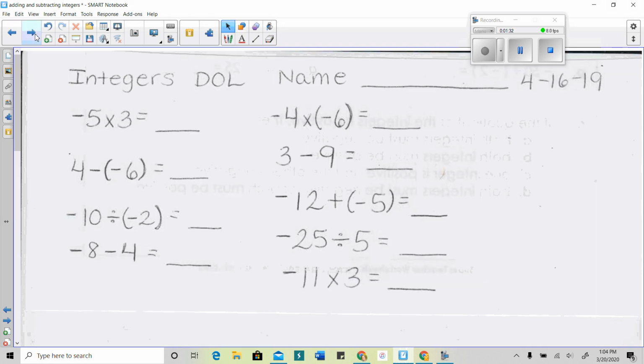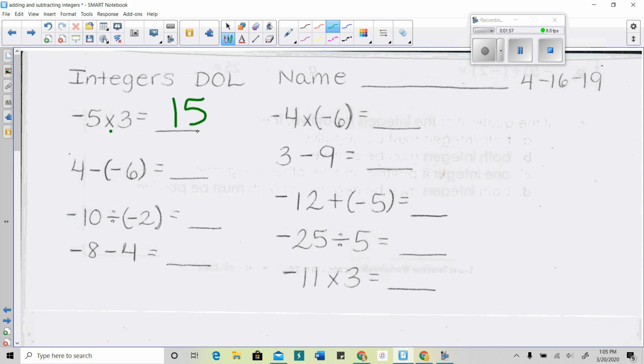So we're going to do a couple practice problems here today. And these are going to incorporate also what we did yesterday. So we do have some addition and subtraction problems thrown in here just to make sure you know what you are doing. So looking at the first problem, let's first look at our sign. It's a multiplication problem. So I'm just going to go ahead and multiply 5 times 3, and I get 15.